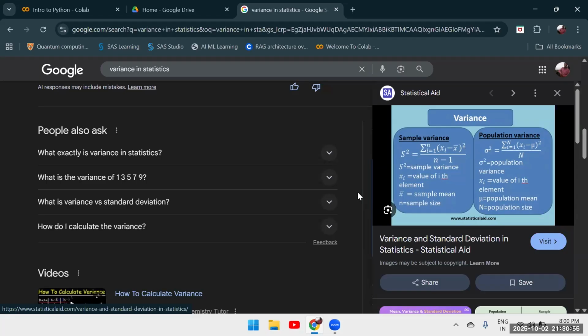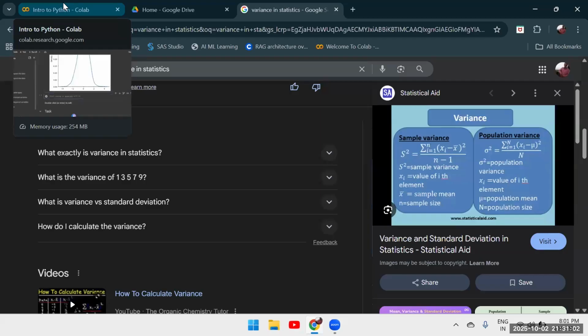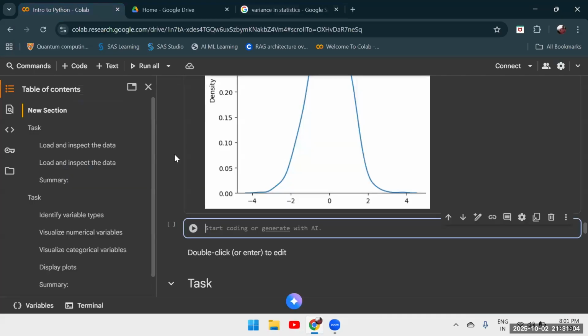That's the basic difference, but these can be used interchangeably. This is also one of the important metrics to find the dispersion of our data. Hence we are looking at the variance as well.